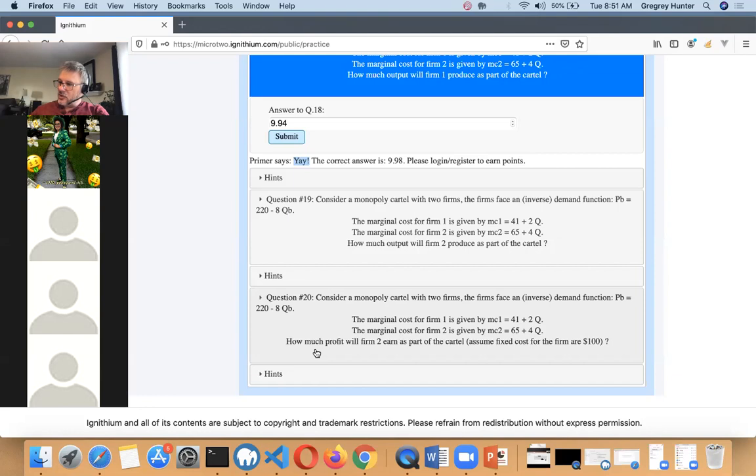And then our total cost, remember, is going to be our variable cost plus our fixed costs. The fixed costs are given in the problem as $100. So our only issue is the variable costs. Remember, the variable cost is the area beneath the marginal cost function.